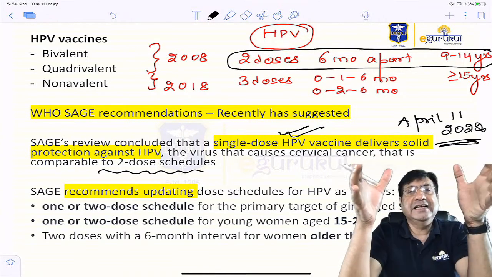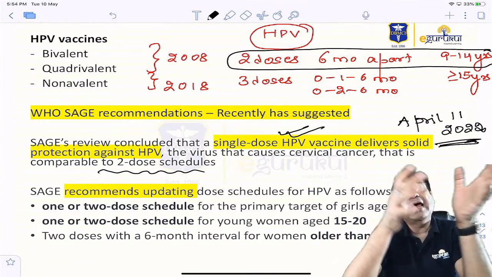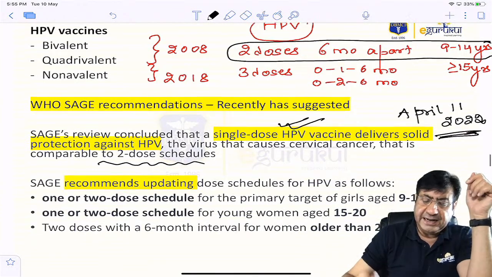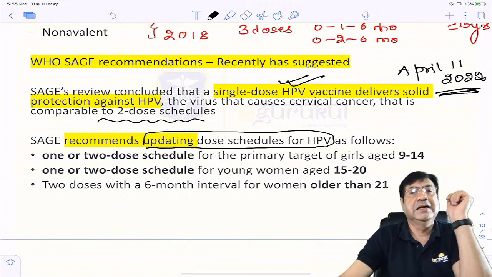So they have suggested updating the dose schedules of human papilloma virus vaccine.